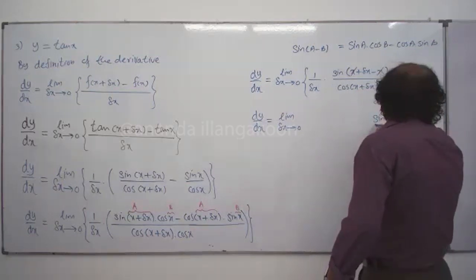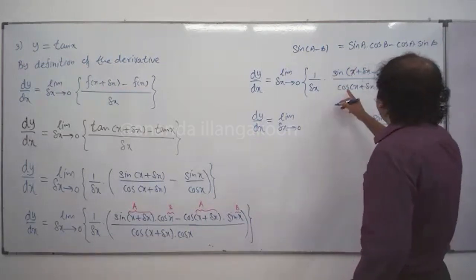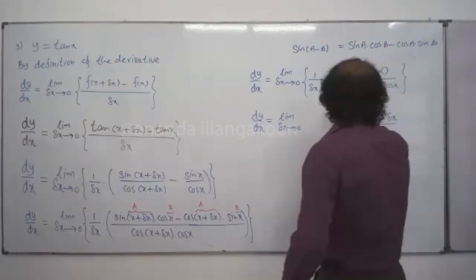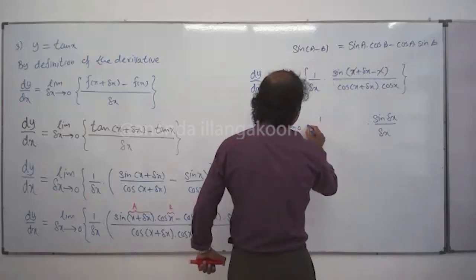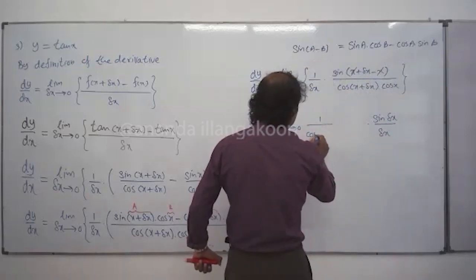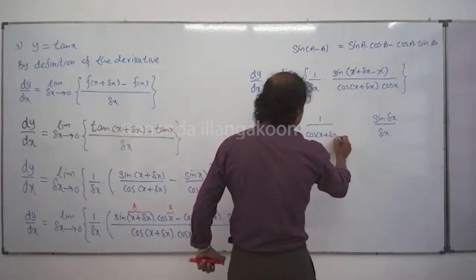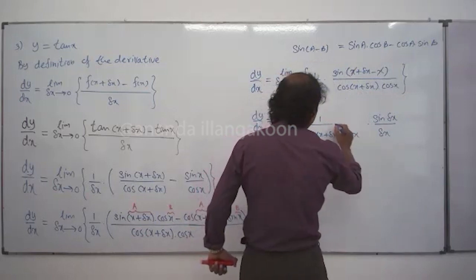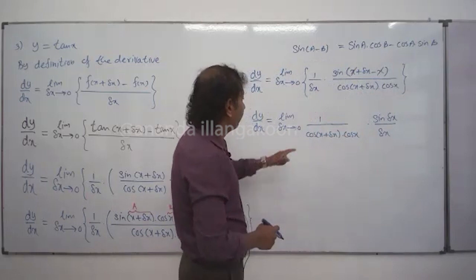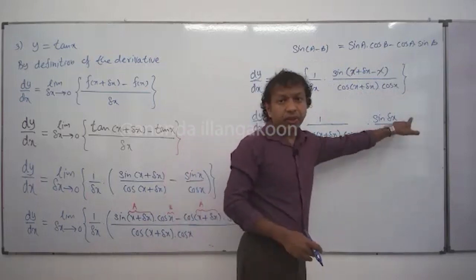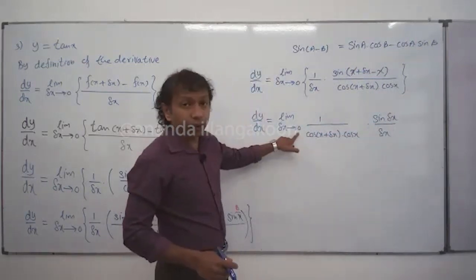Sin delta x divided by delta x. Okay, and now the rest one we have is this, 1 upon cos(x plus delta x) into cos x. Of this whole thing, we have to take the limit of delta x going to 0.